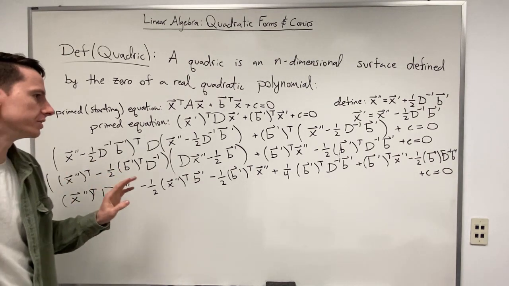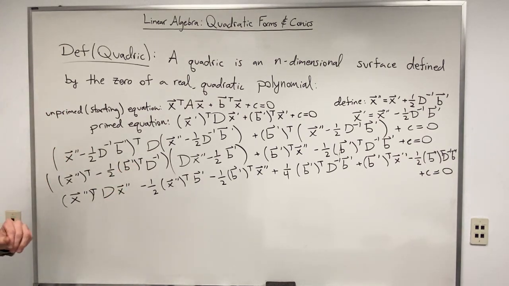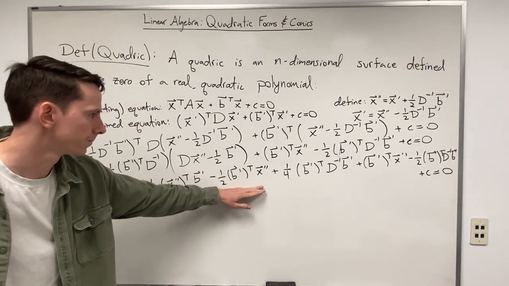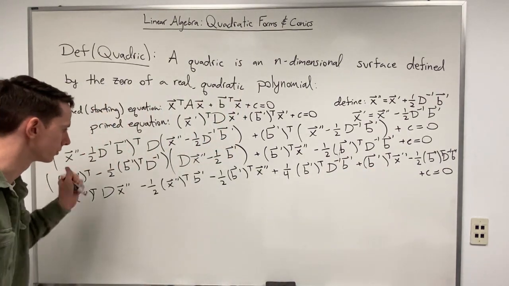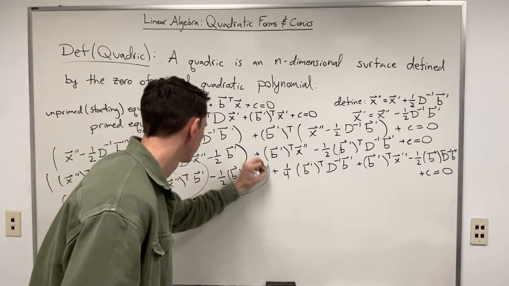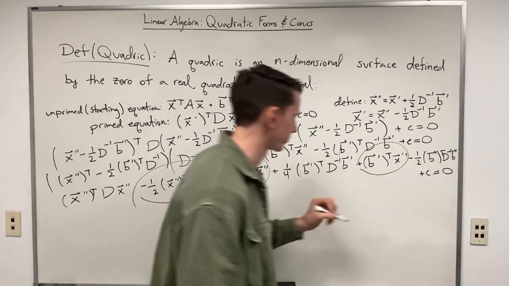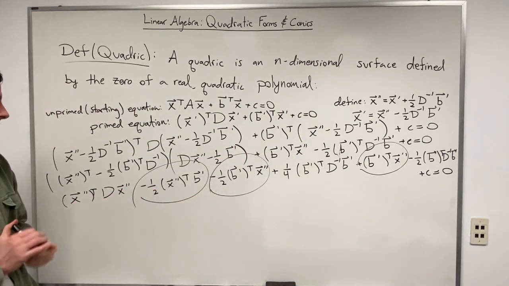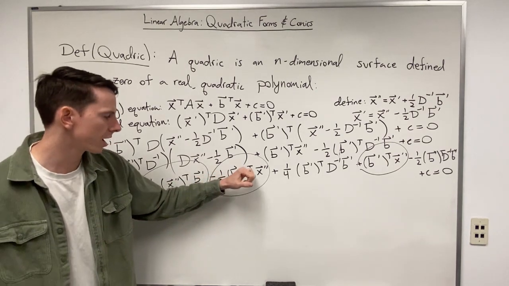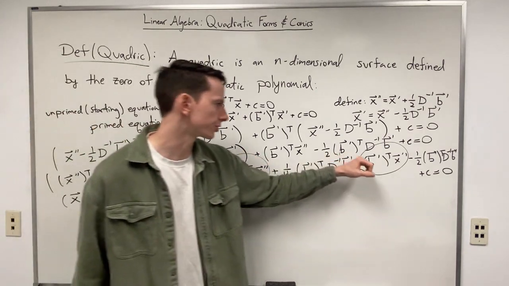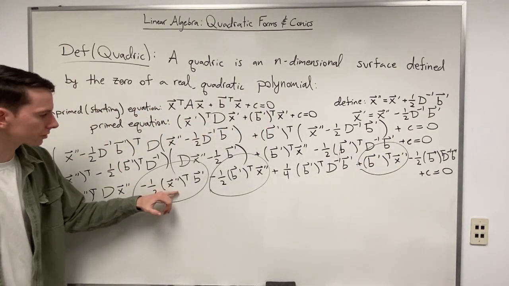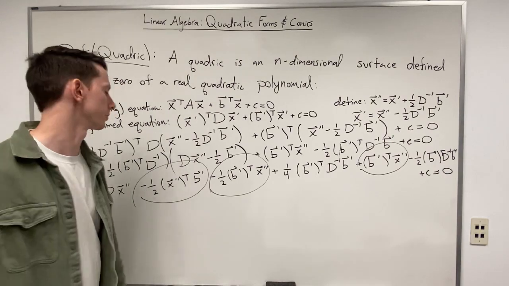what we can do, it might not initially seem obvious here, but let's take a look at this term and this term. I'll circle them. Notice that we have x double prime transpose b prime, and then b prime transpose x double prime. But inherently, this operation is going to produce a scalar, right?